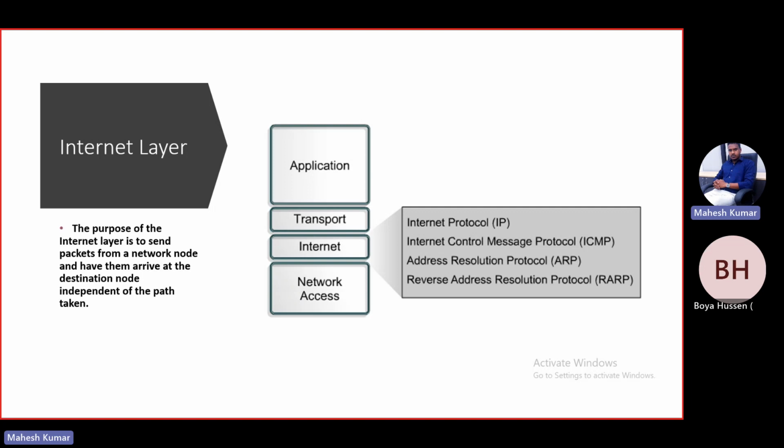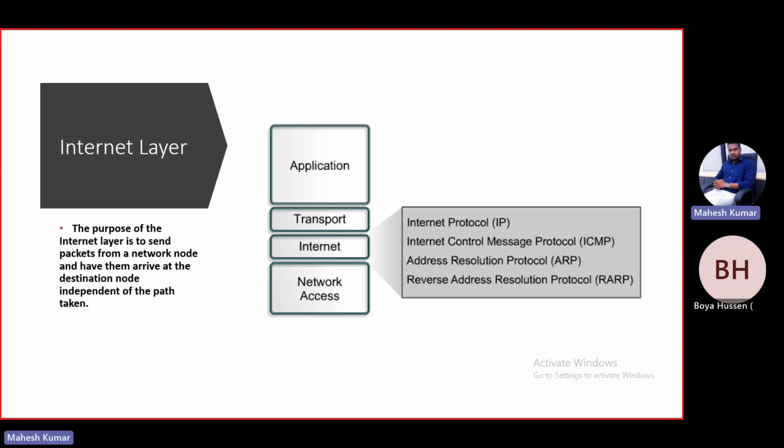ARP is the Address Resolution Protocol. When the switch doesn't know the receiver's MAC address, at that time ARP is performed. RARP, the Reverse Address Resolution Protocol, is also for address resolution. Both work for the same address resolution only.